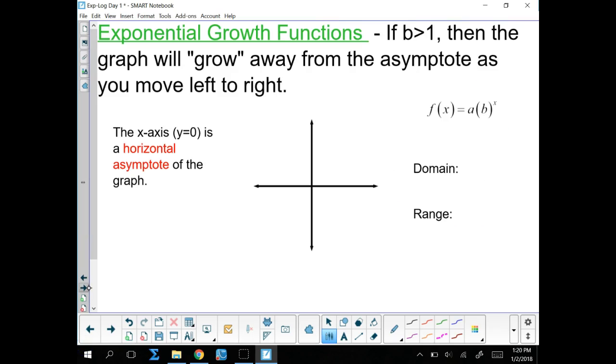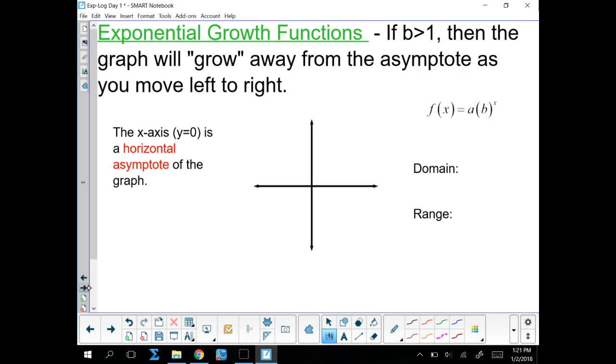Okay? So, let's get to graphing exponential functions. Today we're going to focus on exponential growth functions. Exponential growth functions happen when b is bigger than positive 1. If b is greater than 1, then the graph will grow away from the asymptote as you move left to right.